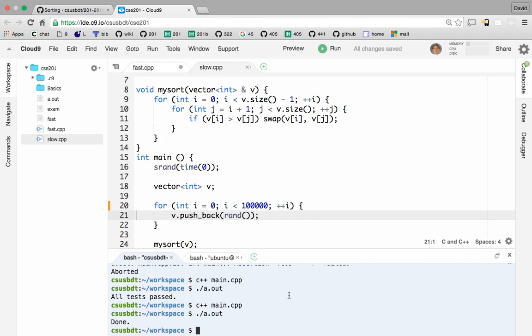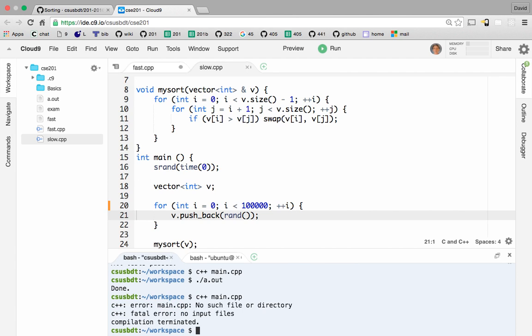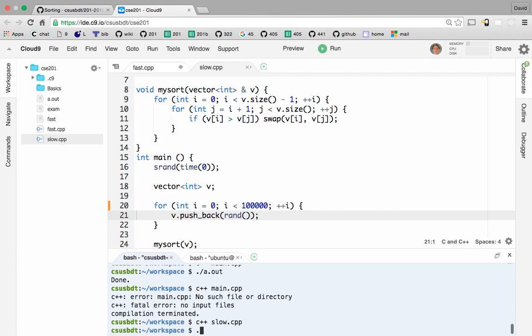How fast, if I cut it in half, oh, and it's slow. How much faster do you think it's going to run if I cut it in half like that? How many seconds, or minutes, do you think it'll take? The last one took, what, 20 minutes? 15 minutes? And we just cut it from 200,000 to 100,000.